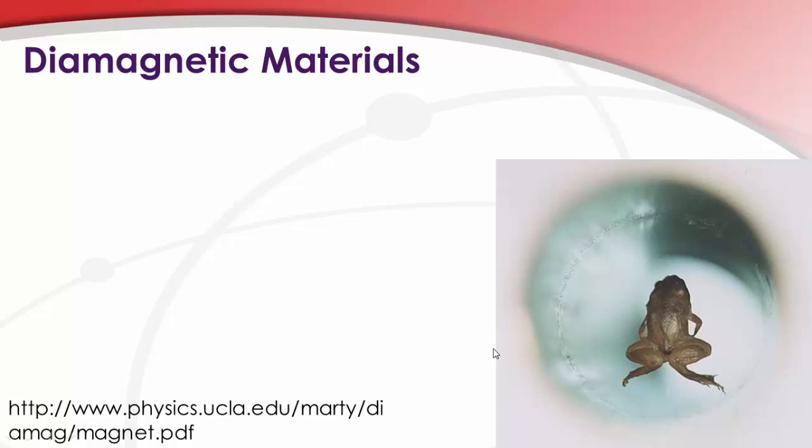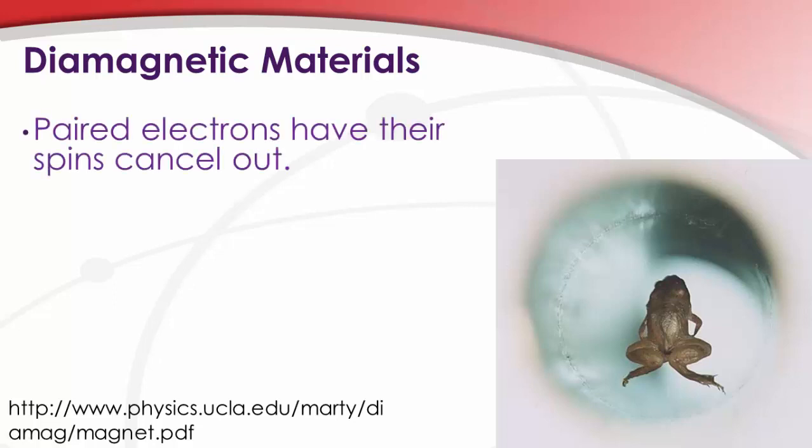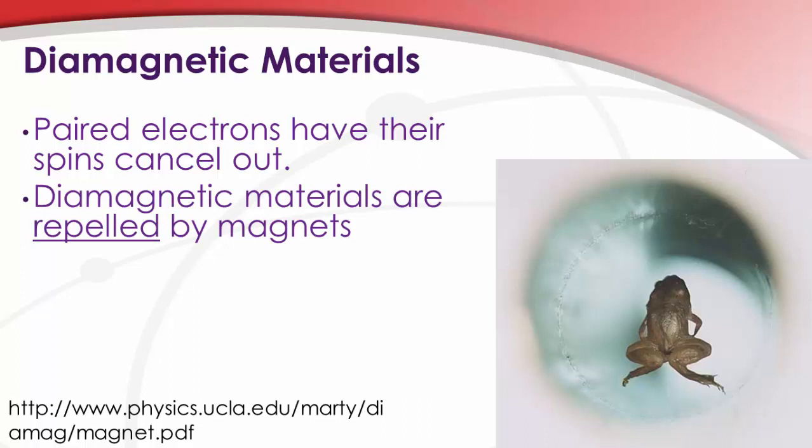Now, in contrast, any materials that have no unpaired electrons, well, when all the electrons are paired, their spins cancel out. And when this happens, it isn't just that this is a non-magnetic material. In fact, it's repelled by a magnet.